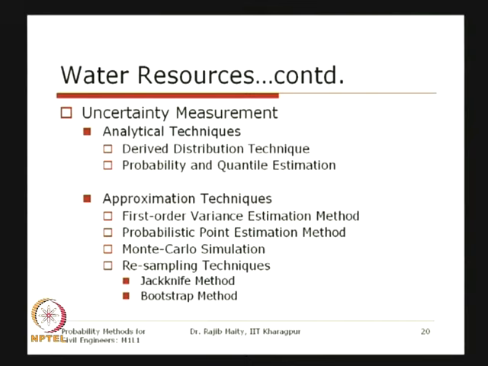The other kind is resampling techniques. This is also a kind of simulation, but in a non-parametric way, such as the jackknife method or the bootstrap method, where this increase in the number of samples is generally done without knowing the background or the distribution of a particular data set.